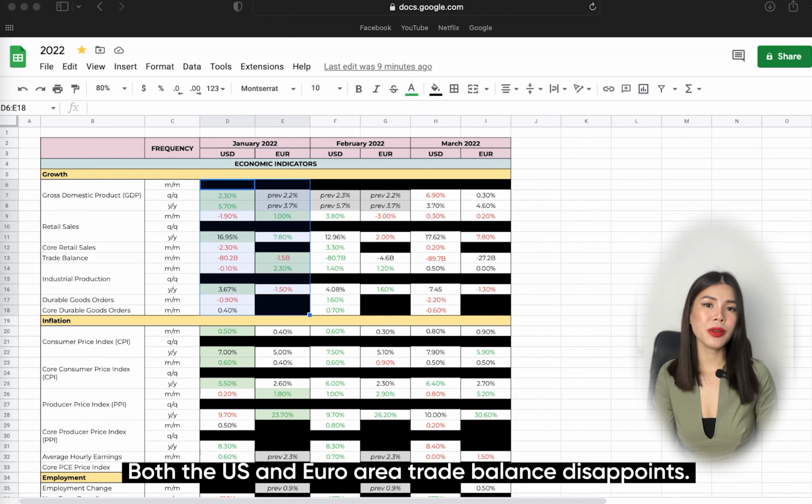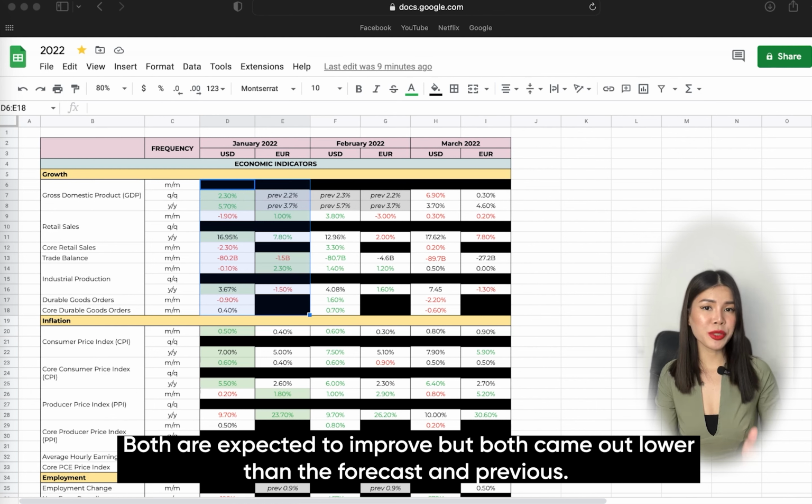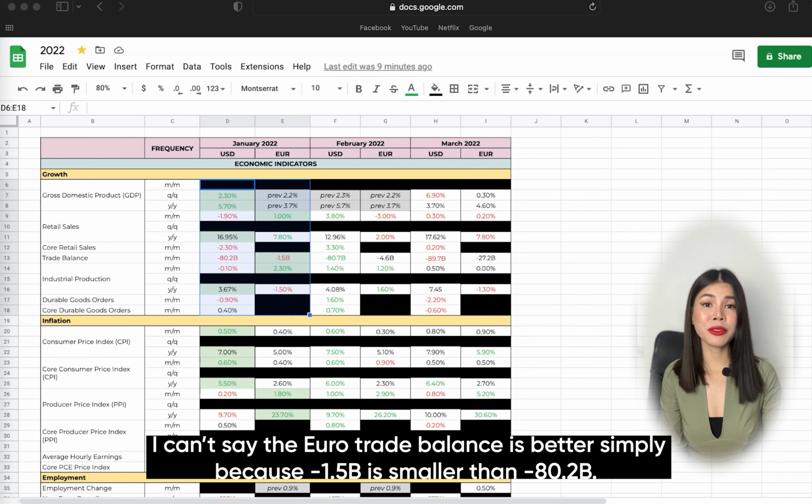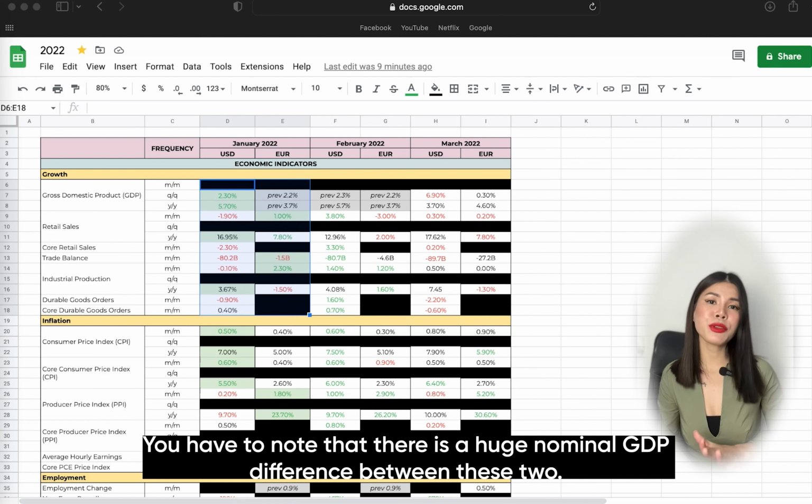Both the US and euro area trade balance disappoint. Both are expected to improve, but both came out lower than the forecast and previous. I can't say the euro trade balance is better simply because negative 1.5 billion is smaller than negative 80.2 billion. You have to note that there is a huge GDP nominal value difference between these two.